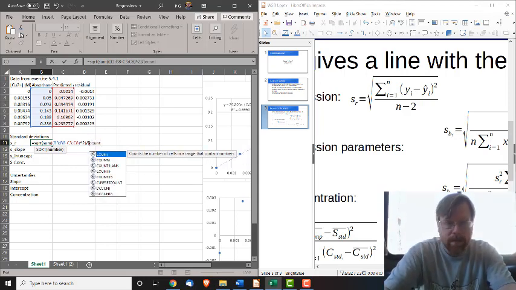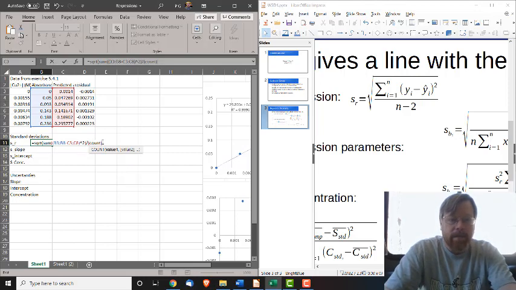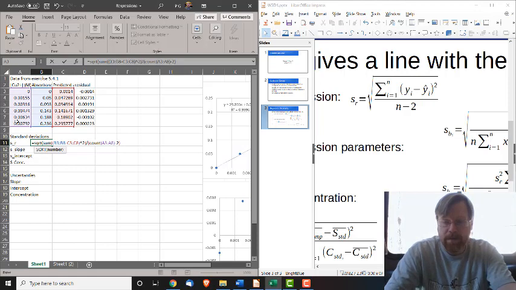In these equations n is the number of samples we have. So if I tell it to count those cells, it will tell me how many there are, so I don't have to do that myself, which isn't much of a problem with the 6 points we have here.